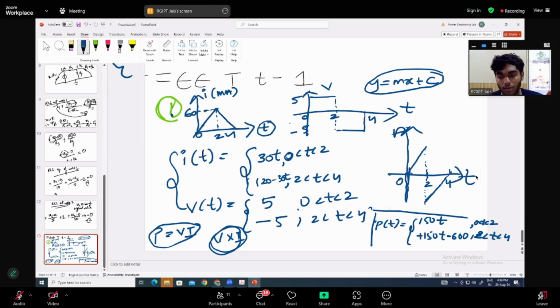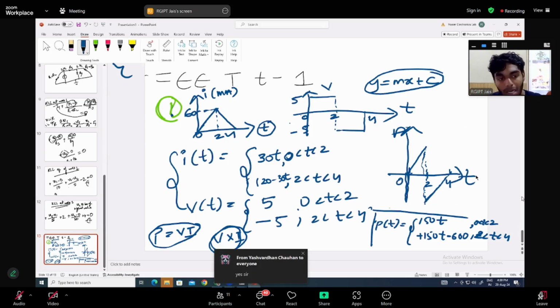Okay, is this graph clear for everyone? Yes or no? Yes, okay. If this graph is clear, you can easily solve both the questions.